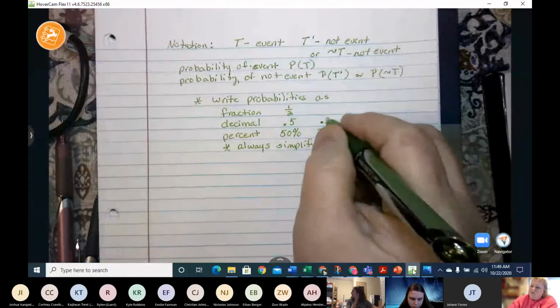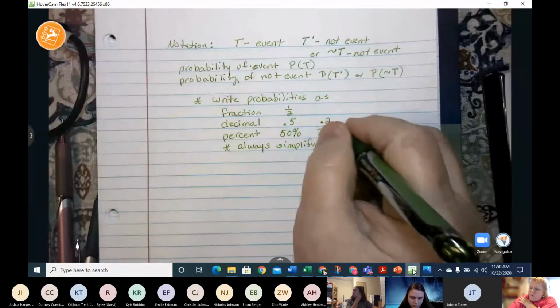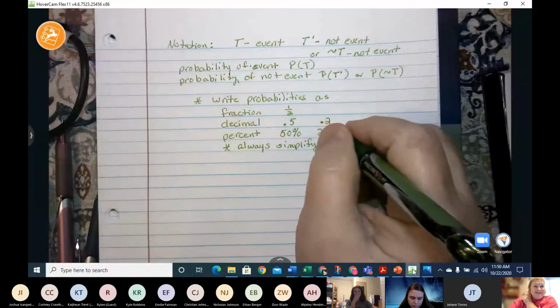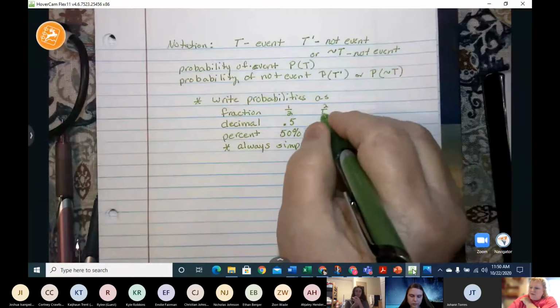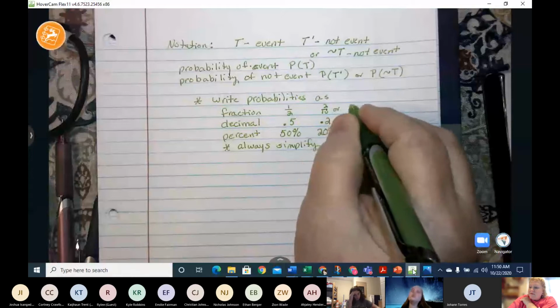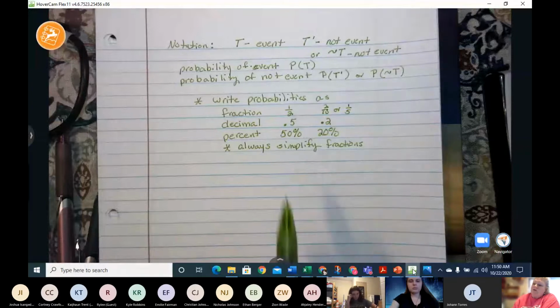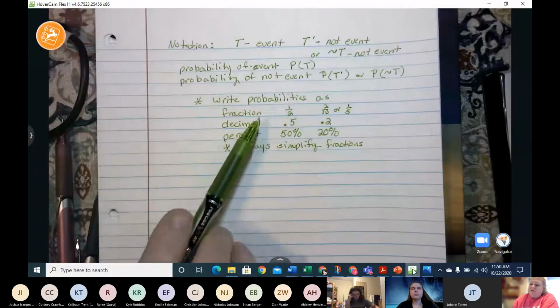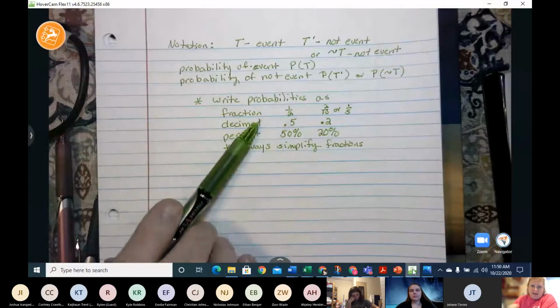To change a decimal to a fraction, I take the decimal, that's 0.2 or 2/10, and then I reduce the fraction to be 1/5. So that's just a quick little review, going from fraction to decimal to percent, percent to decimal to fraction.